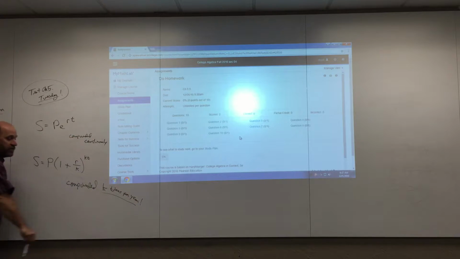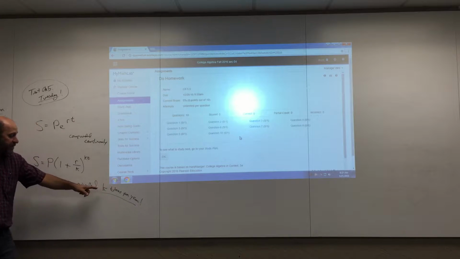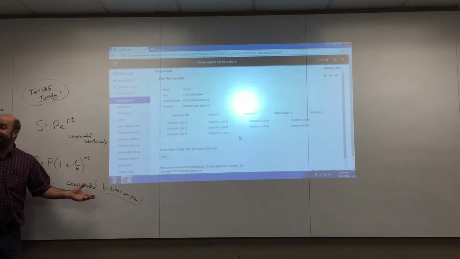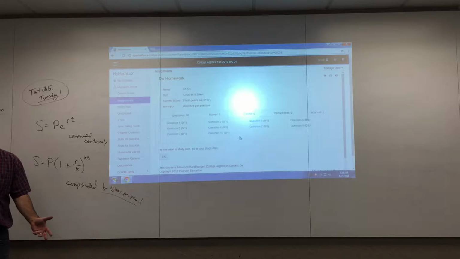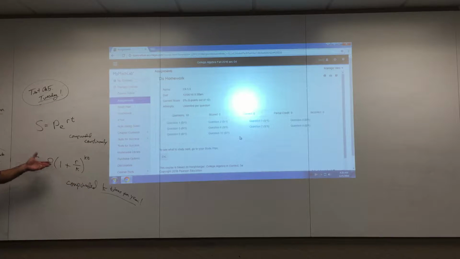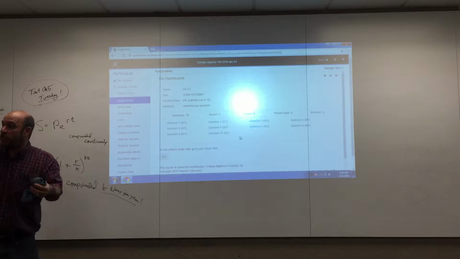If it's compounded monthly, k is 12. If it's compounded daily, k is 365. If it's compounded yearly or annually, that's once a year, k is 1. So there are these two formulas for investing money that earns interest, and we watch our money grow.